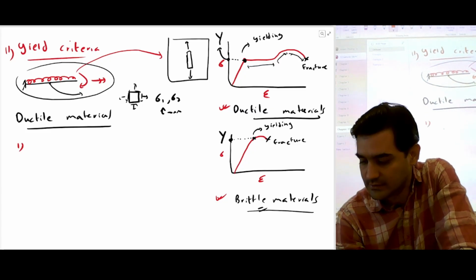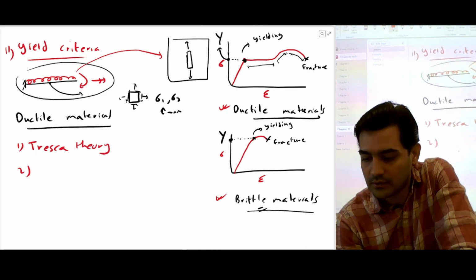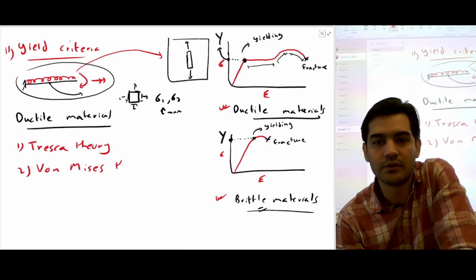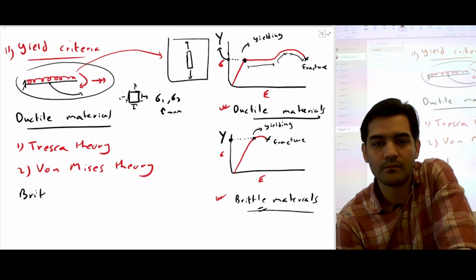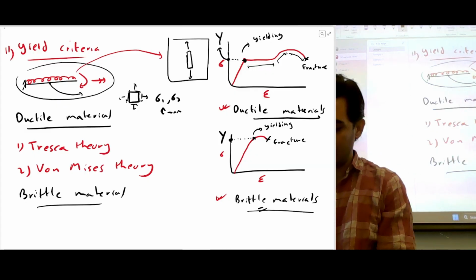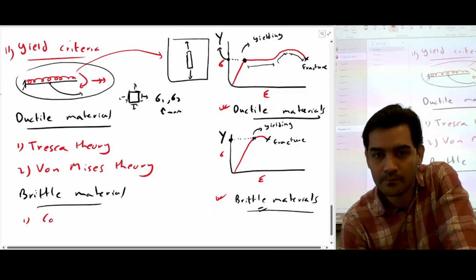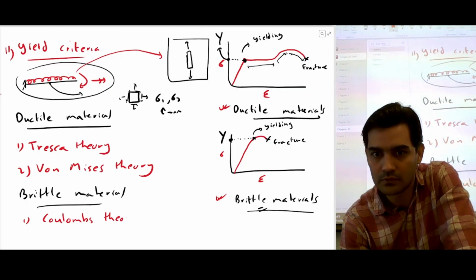One is called Tresca theory, and another one is called von Mises theory. And for brittle material, the theory which we're going to use to predict failure is called Coulomb's theory.